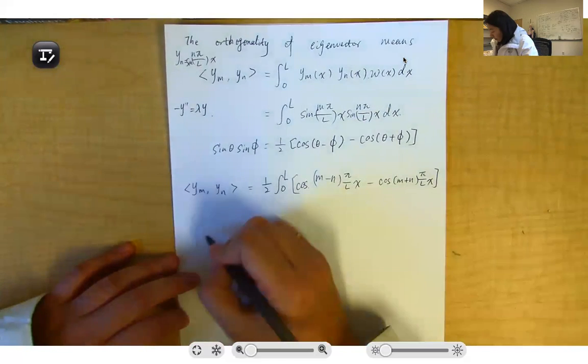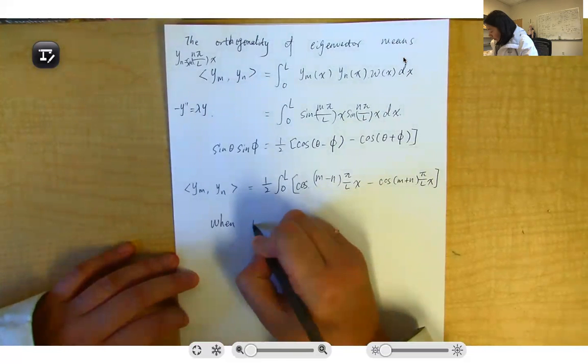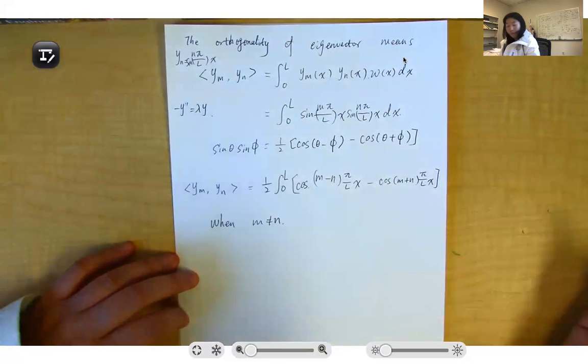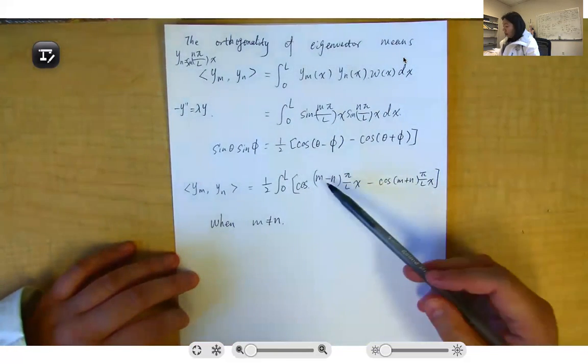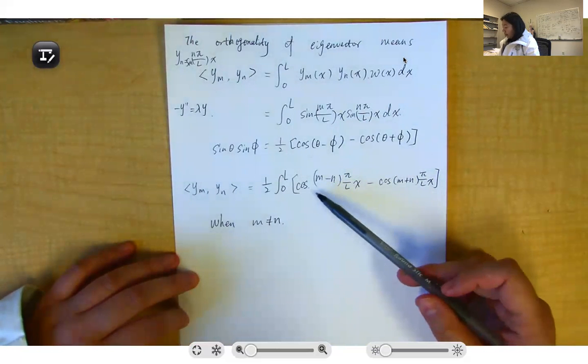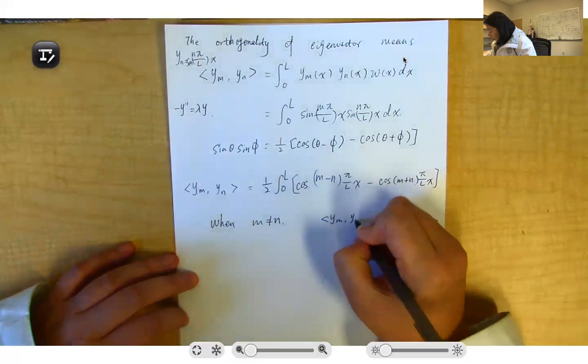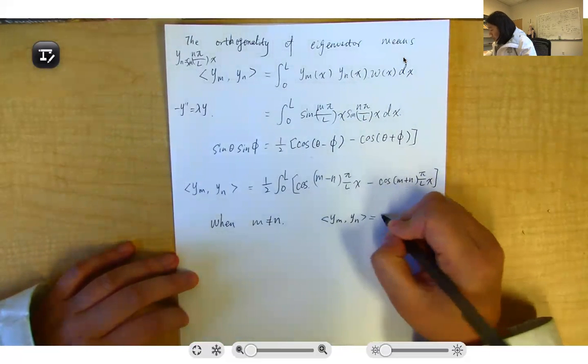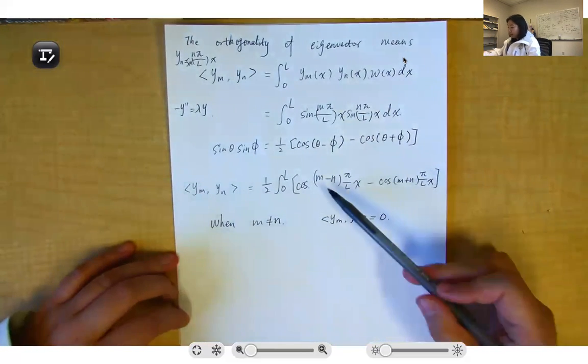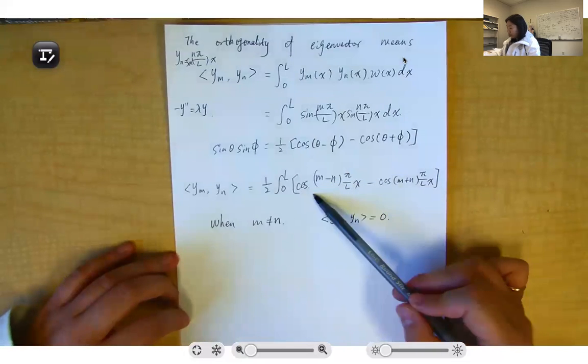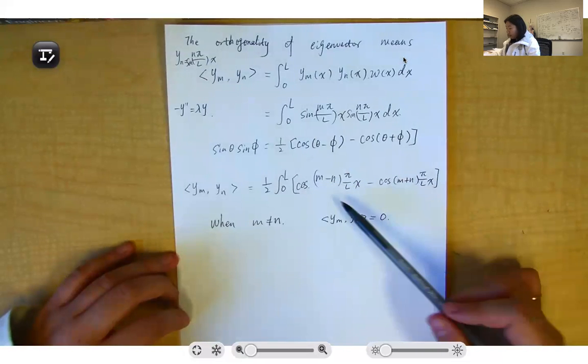Then when m is not equal to n, this inner product ym, yn will be equal to 0, because think about this cosine function and the second cosine function.